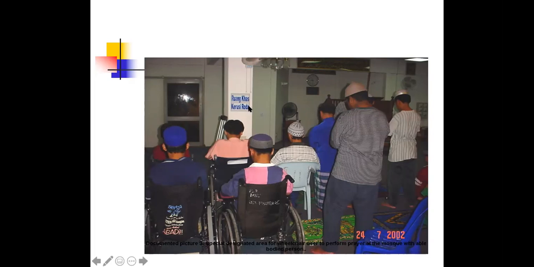So, I cakap, I ada plan. I boleh buat modification. Macam mana accessibility dia nak naik ke surau, nak ambil wuduk, tempat dia boleh mengambil wuduk sebelum dia masuk dalam masjid.